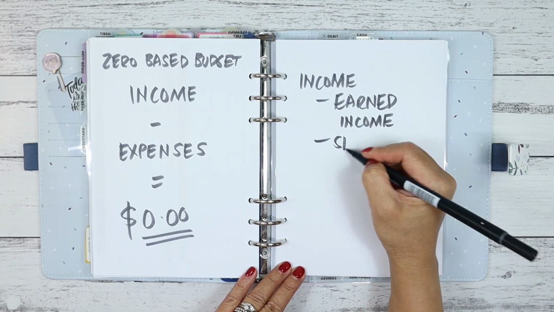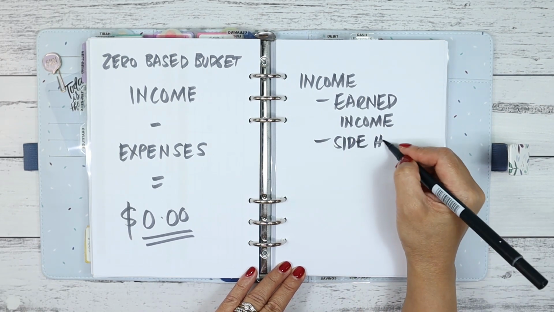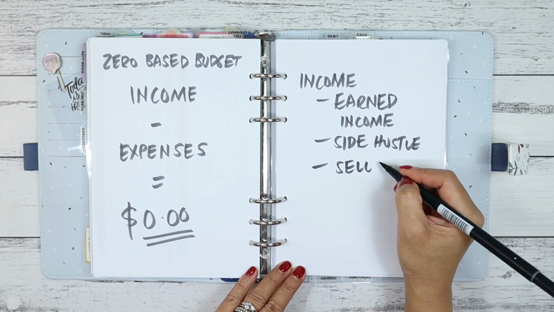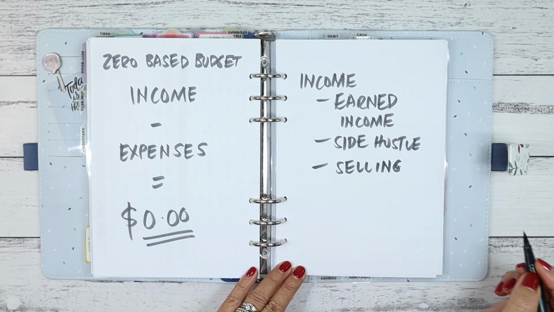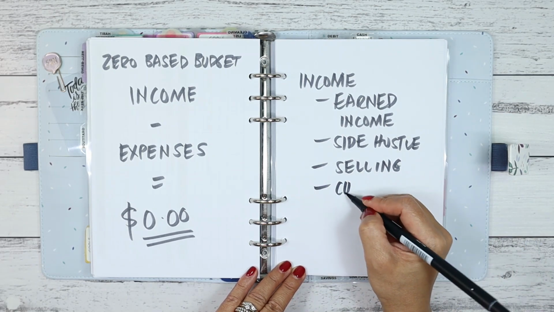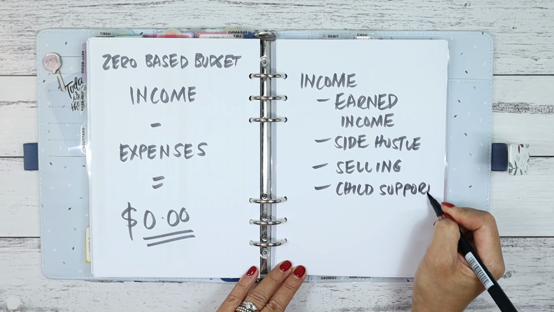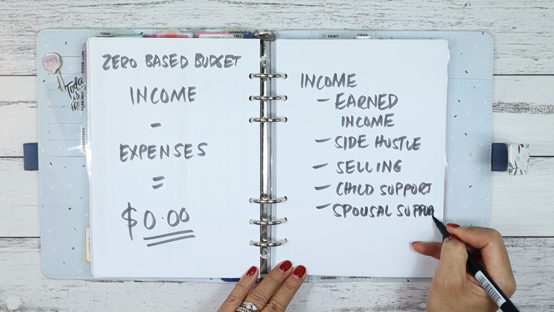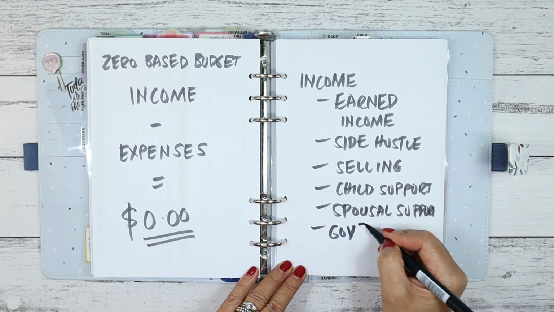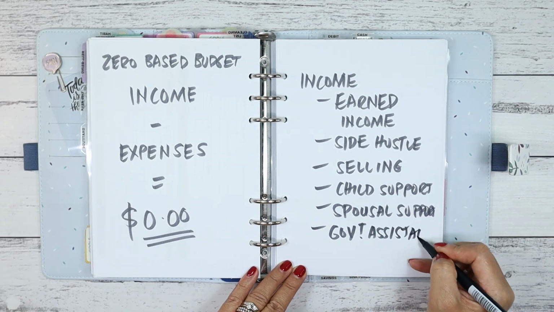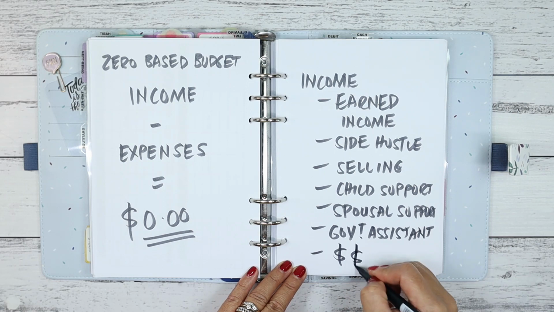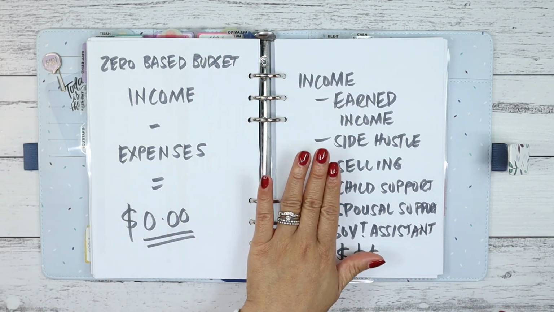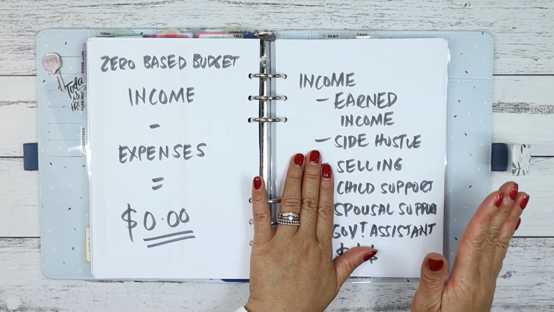It can include money from your side hustle, if you're selling anything, either on eBay or Marketplace, child support, spousal support, any government assistance, or any other money that comes in. So all of this, you need to try and figure out where it needs to go.